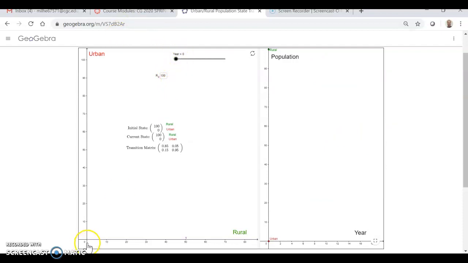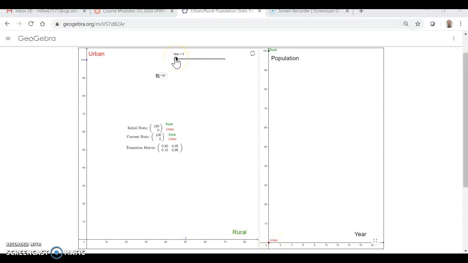So you can see the 100, 0 vector is this vector here along the x-axis. Let's try this again here. So now we can see that our full population is 100 rural individuals and 0 urban individuals, and let's see what happens over time.